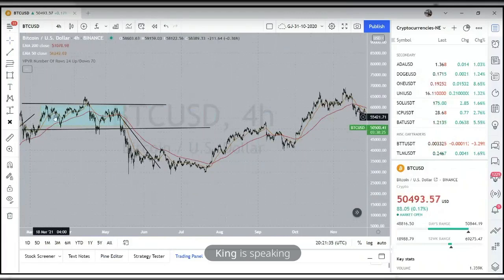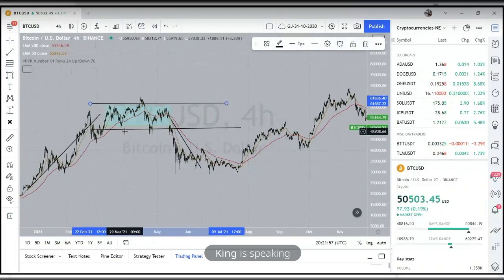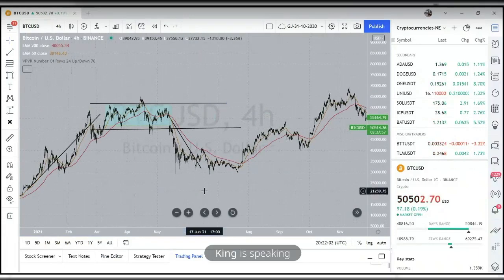When it comes down, is it taking out previous higher lows? And if it is, what is the next step that could happen? Because a higher low being broken is a break of structure. So then you can think about whether we are getting a market reversal and things like that.